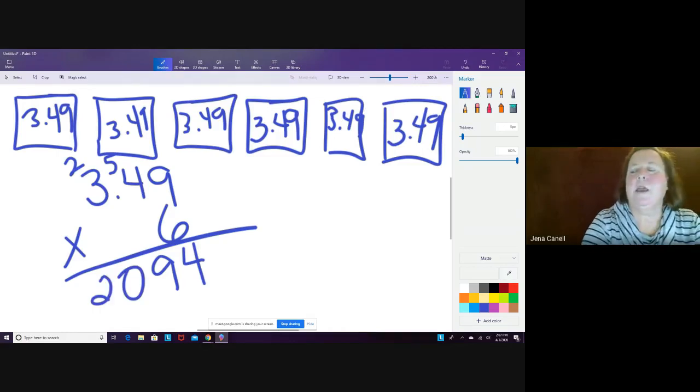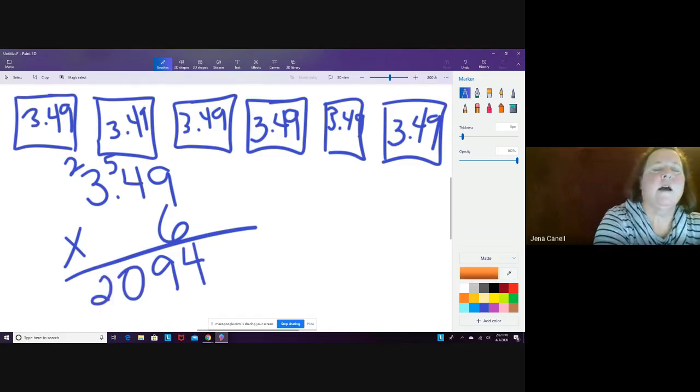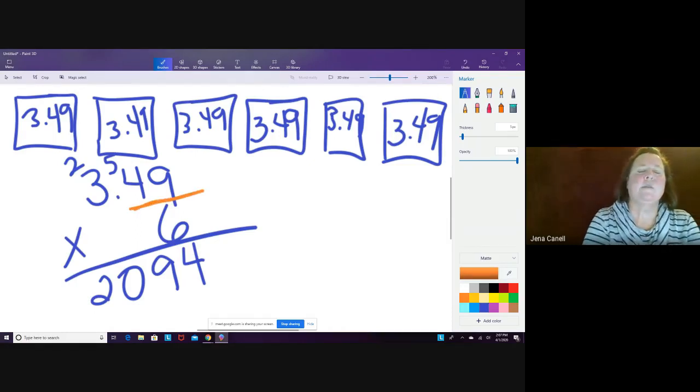All right. And if you notice, I have behind the decimal point 2 places in my first factor, and I don't have any places after my second factor. So I just have 2 decimal places. So my decimal point will go right here with 2 numbers after it. Right? And we're not quite done at that point.